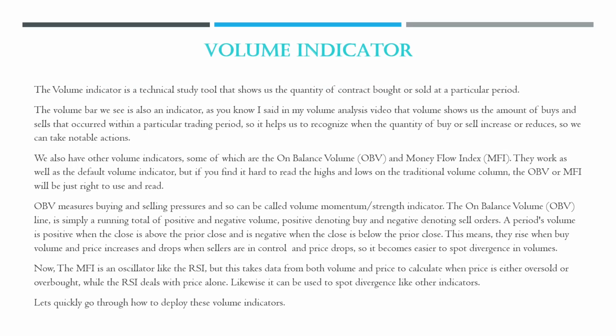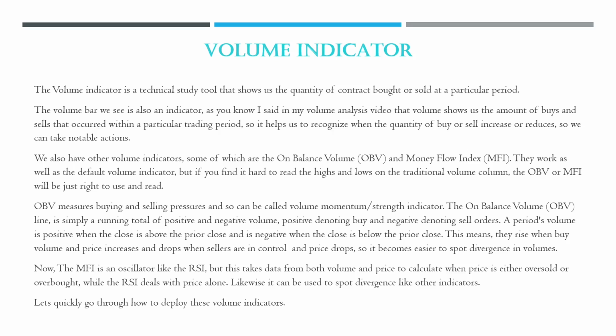I already talked about volume price analysis in a previous lesson, so I wouldn't be going into details on the traditional volume here, but I will just show you a different type of volume, and I will make this very snappy because the indicator I want to talk about next, the levels indicator, is going to take a lot of time. So let's get right into it.